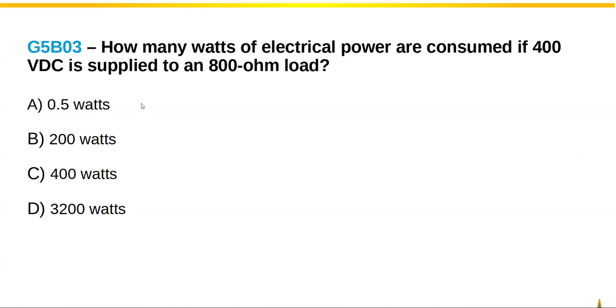How many watts of electrical power are consumed if 400 volts DC is supplied to an 80 ohm load? So we've got 400 volts and an 80 ohm load.